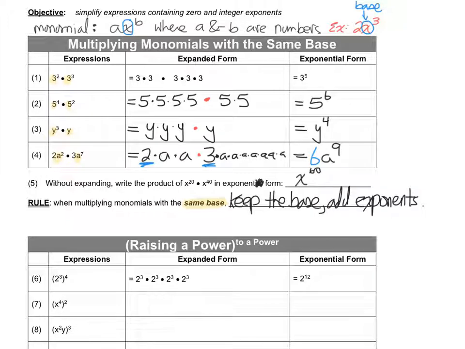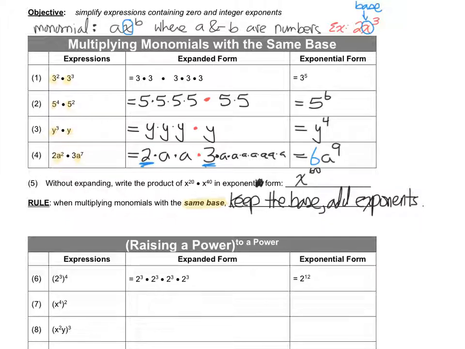The bases are equal. The bases are identical. I don't know how else to say it, but I'll say it as many different ways as I can think of, but historically that hasn't stopped half the class from screwing it up on the test. So the bases have to be the same in order for this to work.